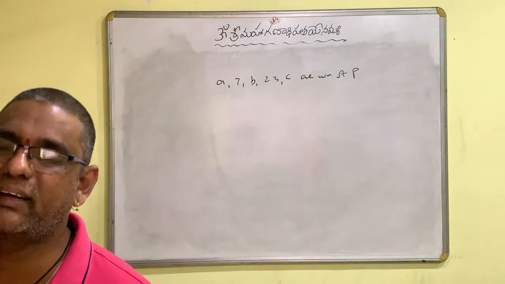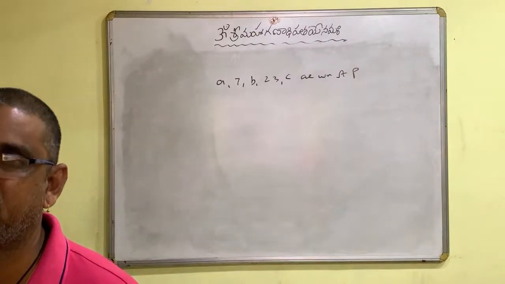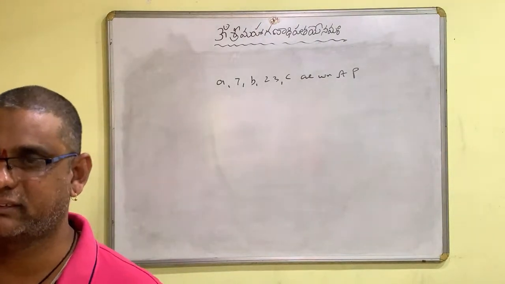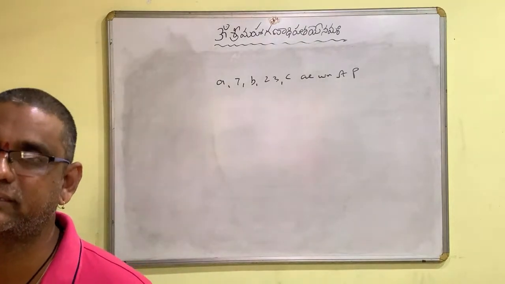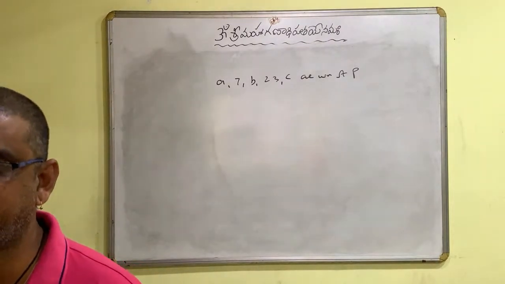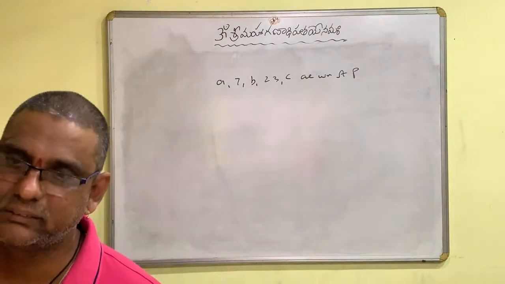B minus 7 equal to 23 minus B. Very good, Amulya, good thought.